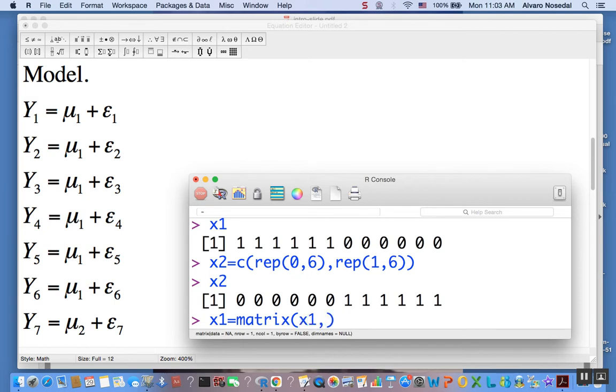Okay, so x1 is going to be a matrix, right? So using those numbers from x1, I want you to create a matrix with 1 column.